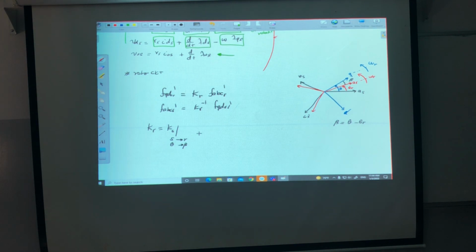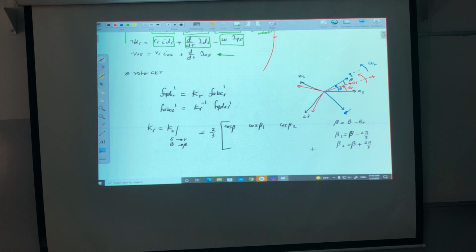So simply this means that KR will equal, the factor is 2 over 3, and I will have cosine beta, cosine beta 1, cosine beta 2, and we specify beta 1 to be beta minus 2 pi over 3, and beta 2 to be beta plus 2 pi over 3.